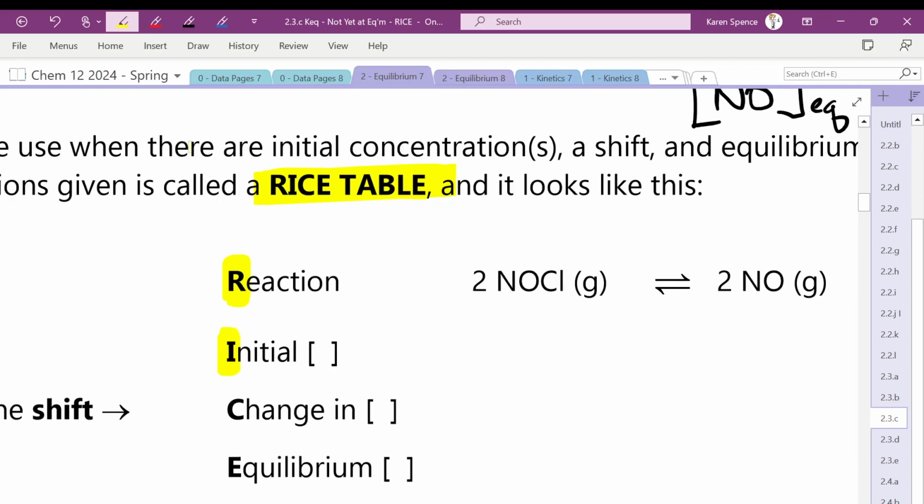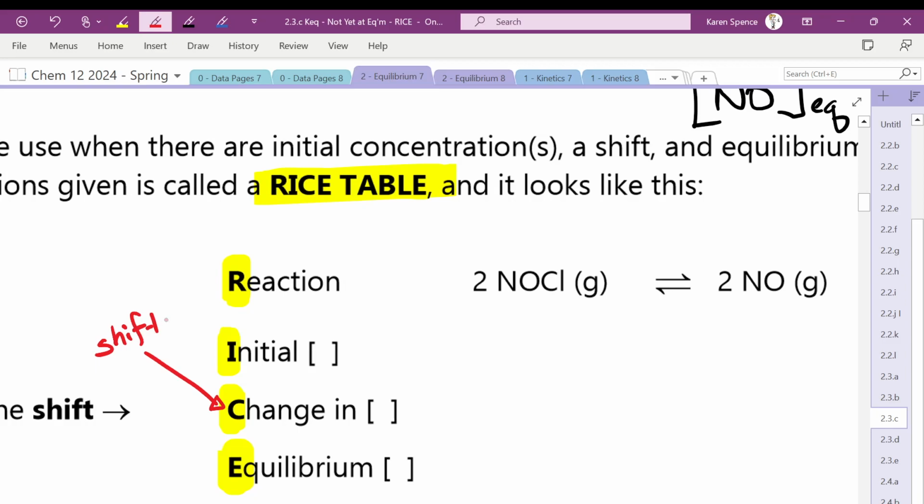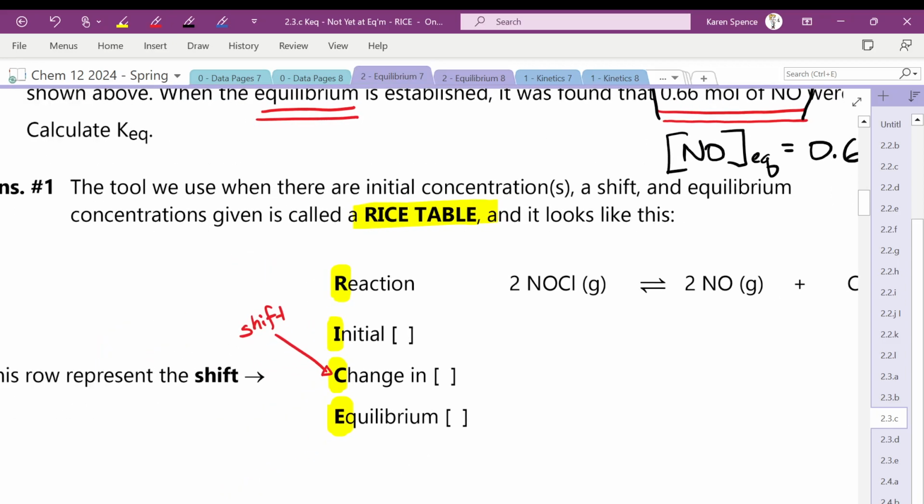I stands for the initial concentration. C stands for change in concentration. And E stands for the equilibrium concentration. So this right here is our shift. Oh, look, I labeled it already. Okay, this row represents the shift.